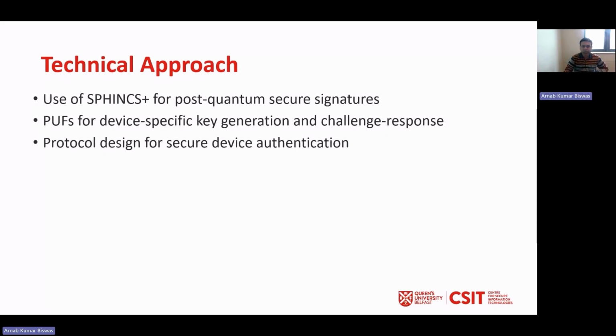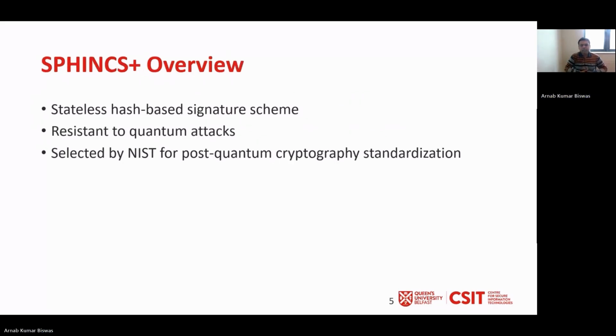That was the main idea. SPHINCS+ is basically a stateless hash-based signature scheme. It is resistant against quantum attacks, so this is a post-quantum cryptographic scheme, and it is already standardized by NIST under the post-quantum cryptography standardization process.